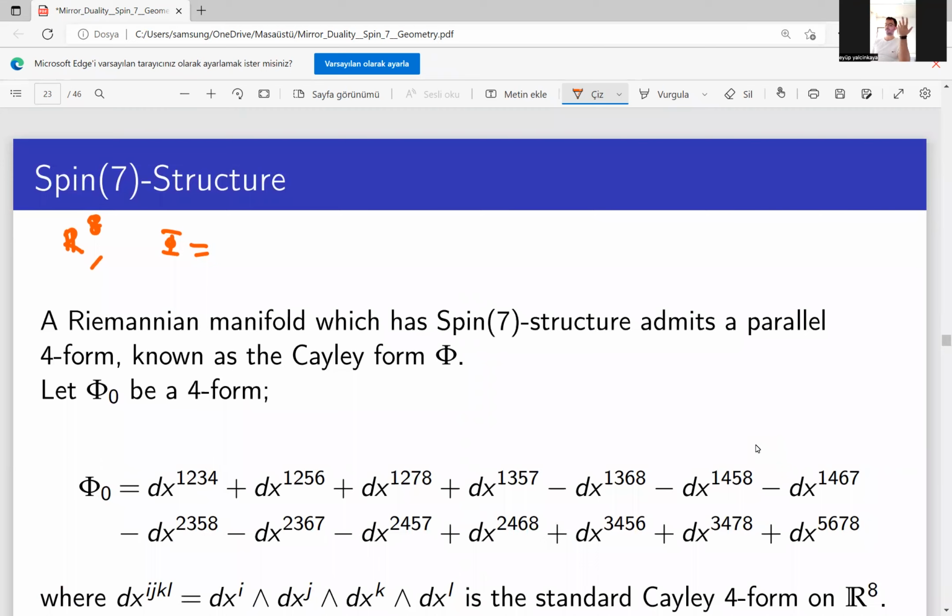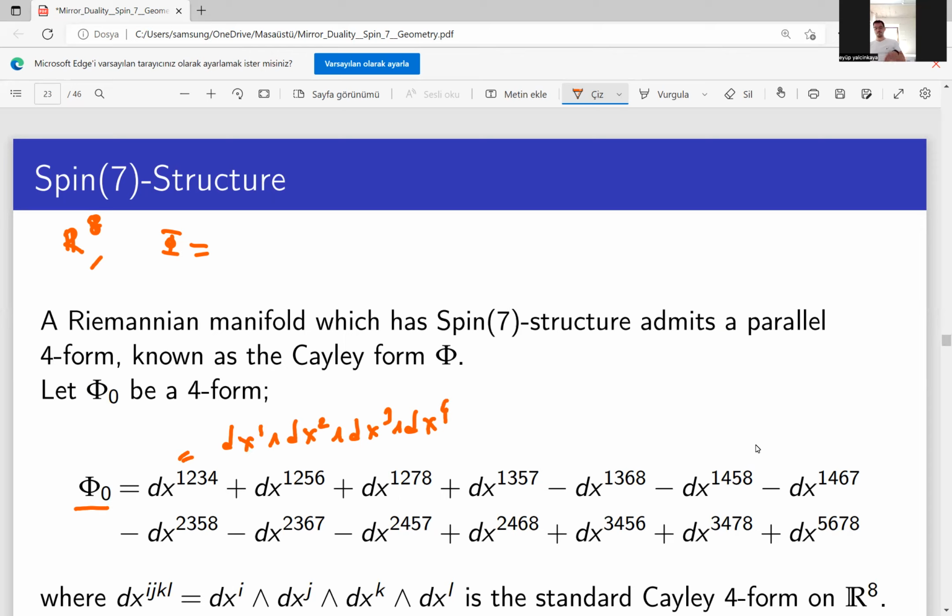This is the real 4-form, and if you use this form for R^8 directly, it is nothing but dx1 wedge dx2 wedge dx3 wedge dx4 and so on, and this is the standard Cayley form. R^8 combined with this form directly defines the Spin(7) structure. But this is a very trivial example and starting point.